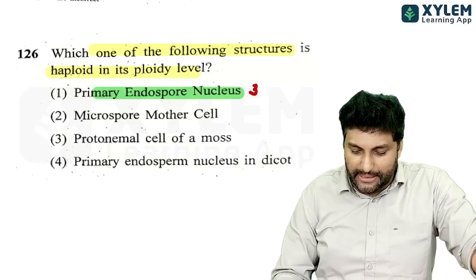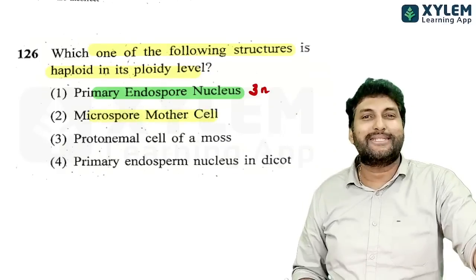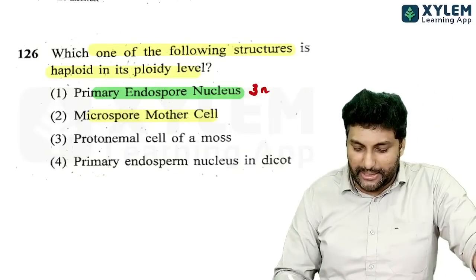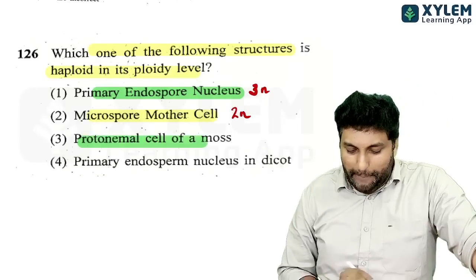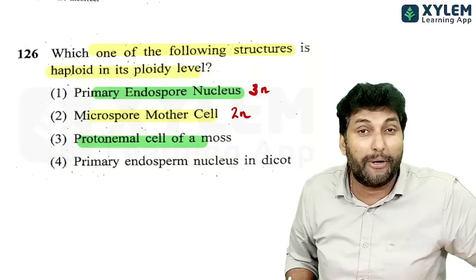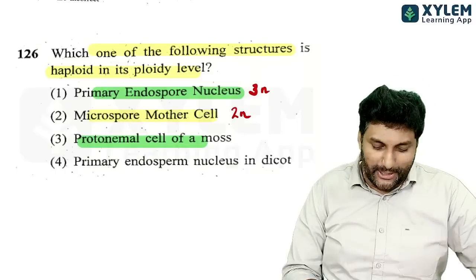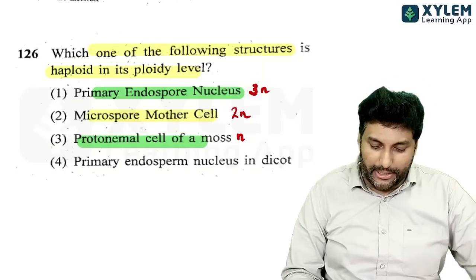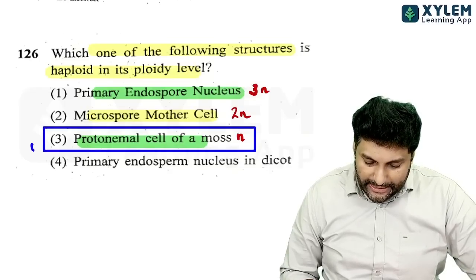Again, the second one is microspore mother cell, and this is also diploid. The third one, protonema of a moss. Actually, protonema is formed from the spore, and spores are formed by meiosis. So this is haploid. So the right answer is 3.